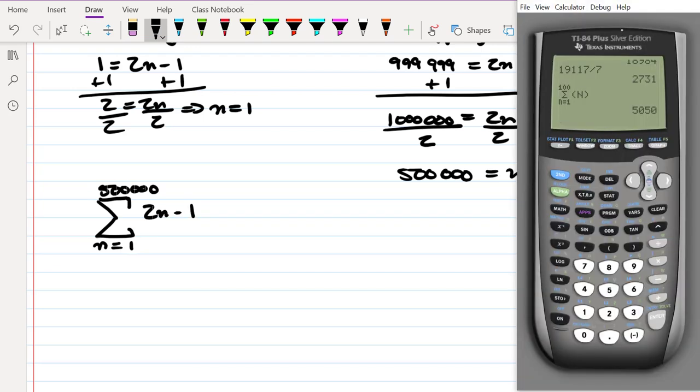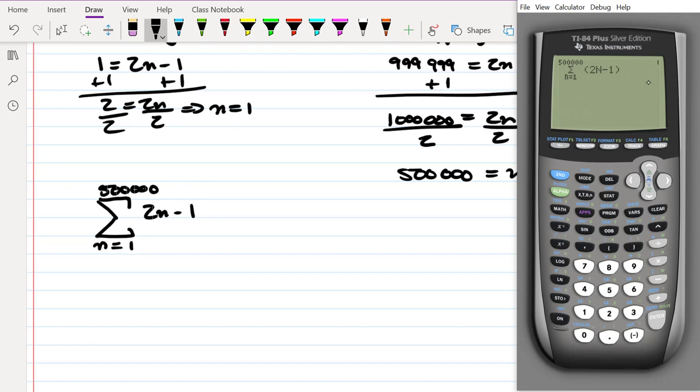We're like, all right, let's put this in our calculator. So alpha window, and we get choice number 2 for our sum, and we have n goes from 1 to 500,000 of 2n take away 1. We press enter, and we wait, and we wait. Turns out, no matter how long we wait, this is never going to terminate.